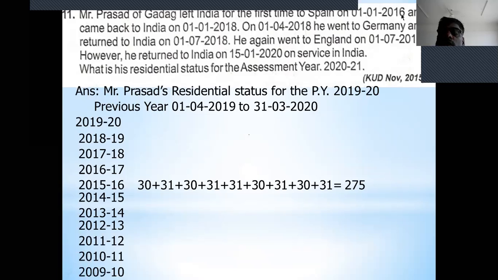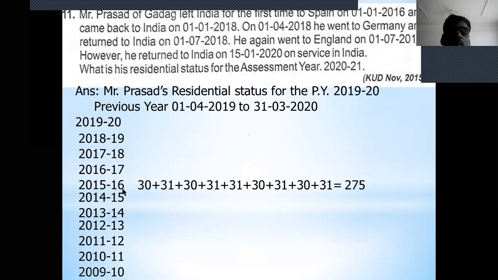From this date, I am starting the 1/1/2016 date. Considering this date, I am calculating the days. You see here, the date 1/1/2016 comes in the previous year 2015-16.